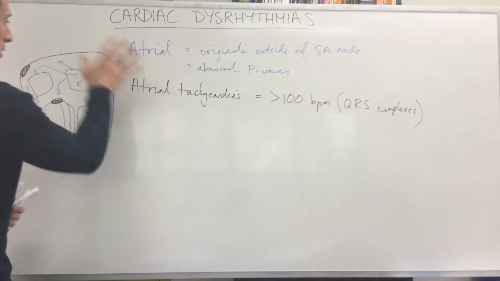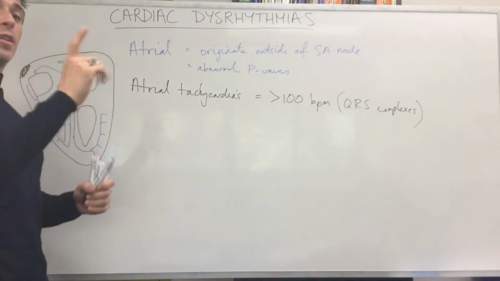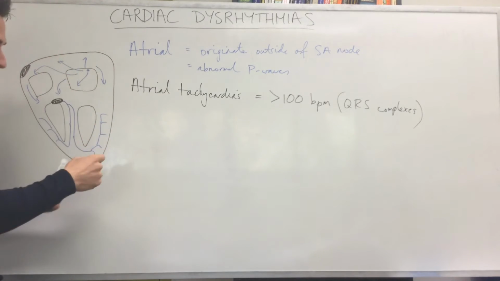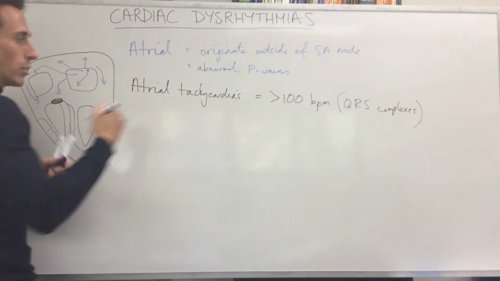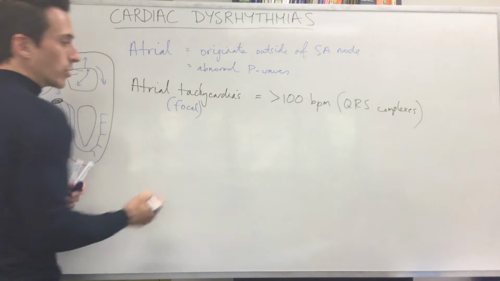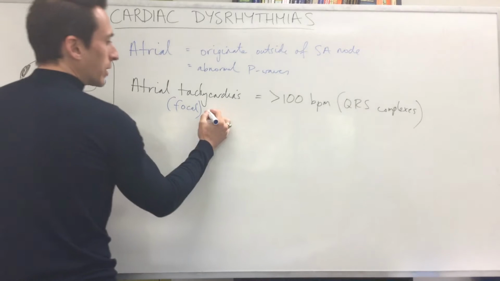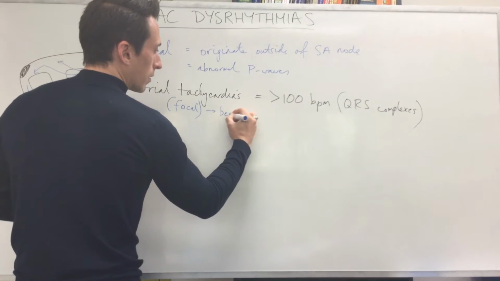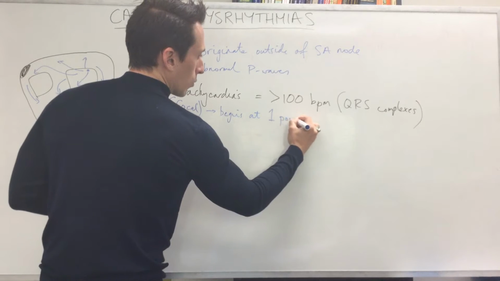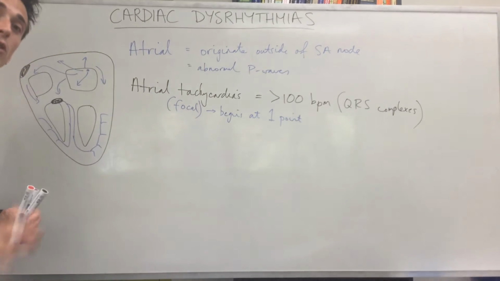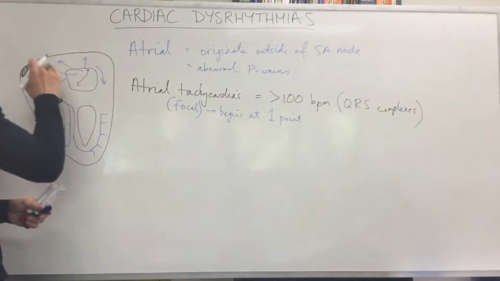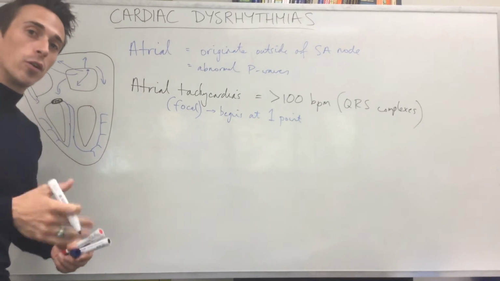Now, if this action potential or depolarization event originates at one focal point, such as I've drawn here, it's unsurprisingly called a focal atrial tachycardia, which means begins at one point, or one area. But you can have atrial tachycardias which originate from many different areas, and this is called multifocal tachycardias.